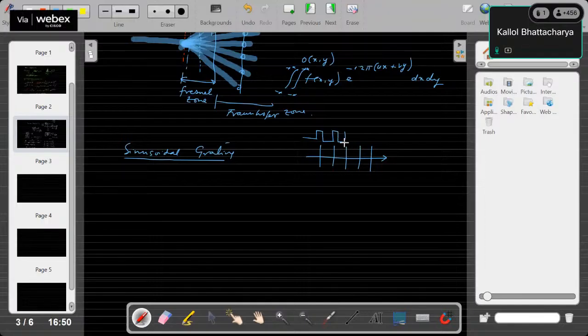This is not a sinusoidal grating. This would be more like a square top or rectangular grating. These kinds of gratings are more easily available. But here we are plotting the transmittance on this side and the distance on this side. If we have a grating where the transmittance varies sinusoidally, not 0 1 0 1, this is a sinusoidal grating.